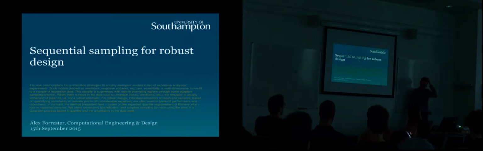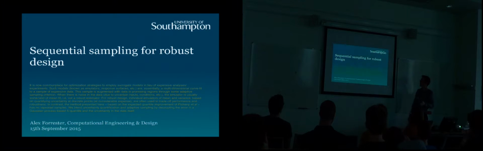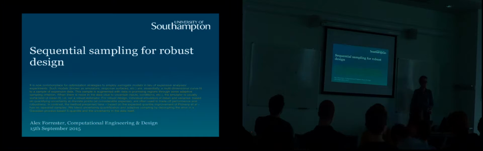Thanks very much. Okay, so although I'm an engineer, I've titled this a little bit to make it approachable for the kind of people I'm expecting to see here. It's sequential sampling for robust design. So an engineer wouldn't know what you mean by sequential sampling.